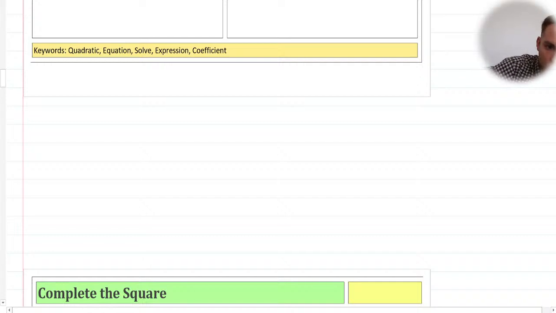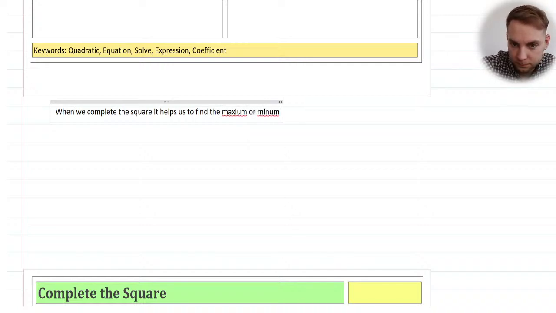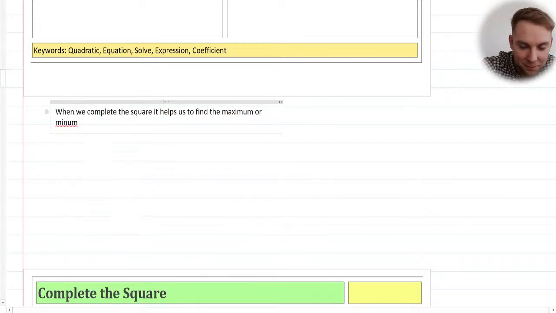So, let's type it out. When we complete the square, it helps us to find the maximum or minimum point of our quadratic.